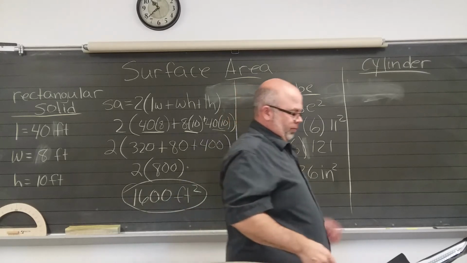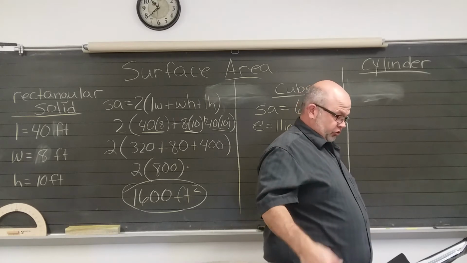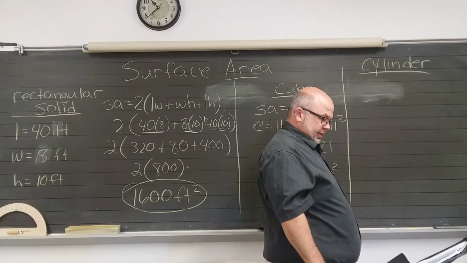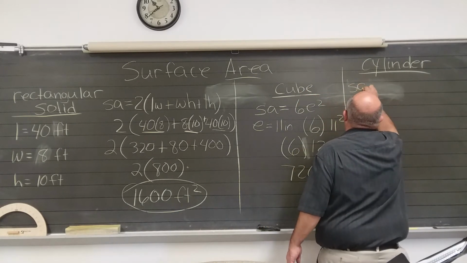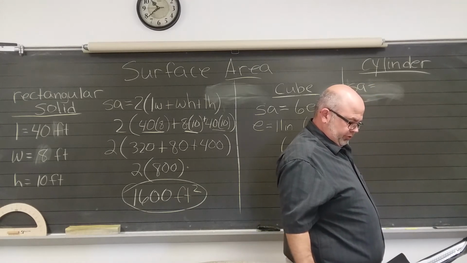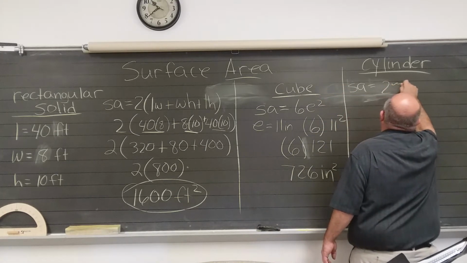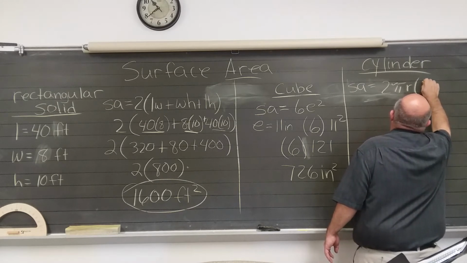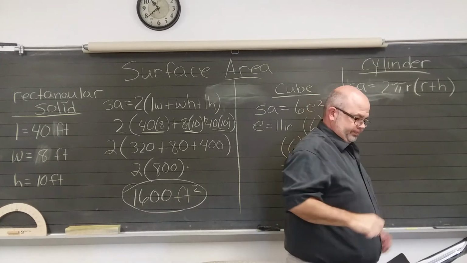So, what is the formula for the surface area of a cylinder? If you know these formulas, you should be able to figure these out. The formula for the surface area of a cylinder is surface area equals 2 pi r times r plus h, right?